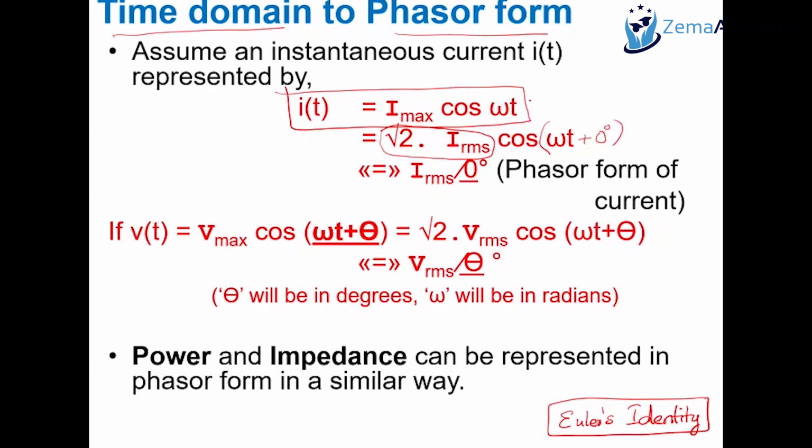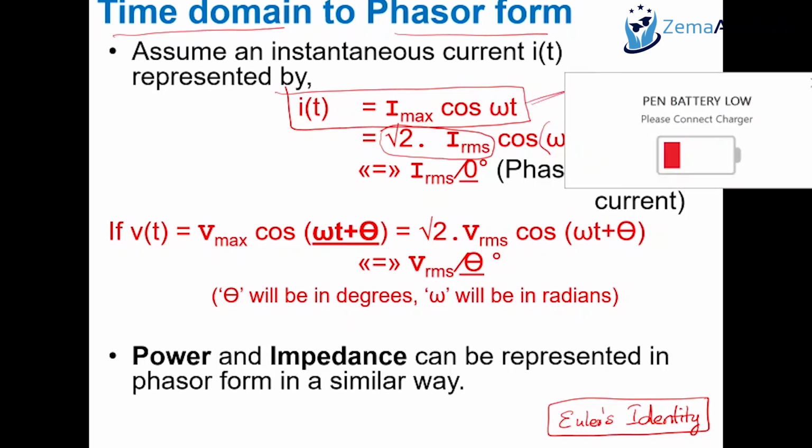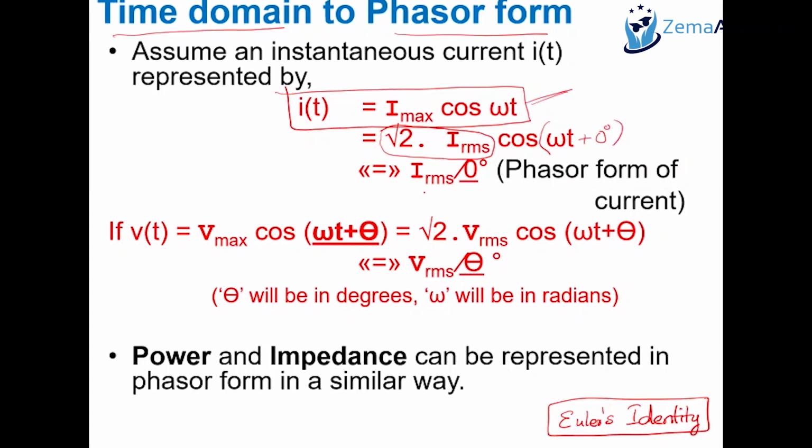So if the first one is the time domain form, then the phasor form of that is simply I RMS at an angle 0. So what are the two things that we are taking from there? From a time domain, you pick up the maximum value, divide by √2, you get the RMS value, and you look for any angle that goes into the angle. As simple as that. That will become the phasor form.